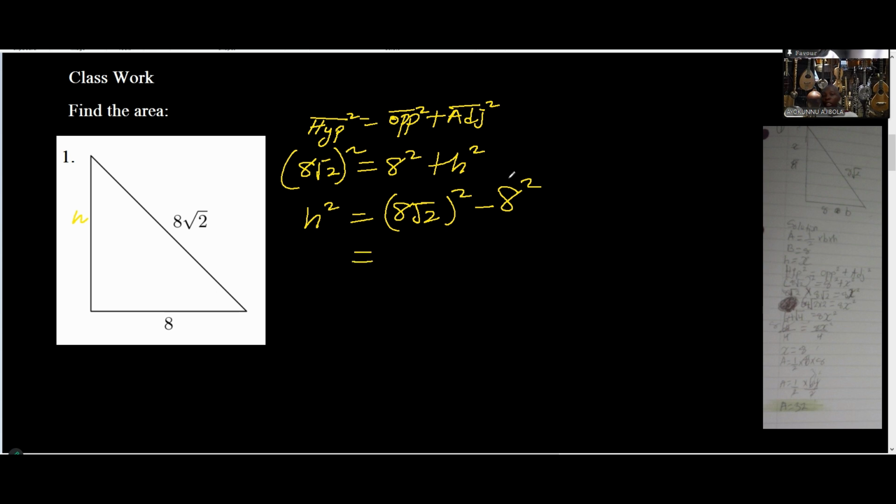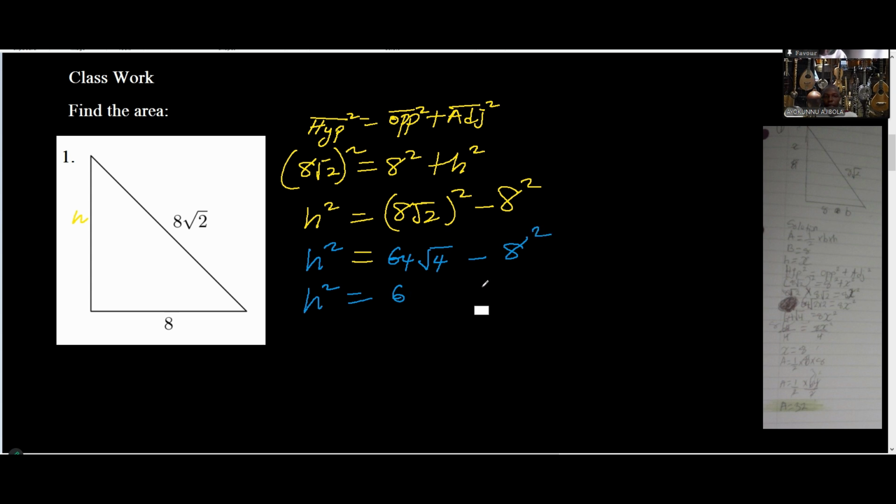I can easily find the squares instead of multiplying all through. So 8 times 8 is 64. 2 times 2 in the root is root 4. Then minus 8 squared, let me write that again.